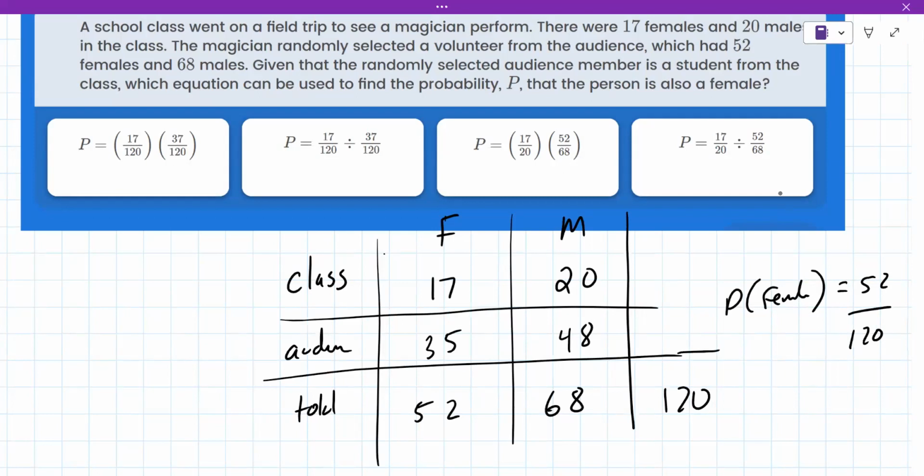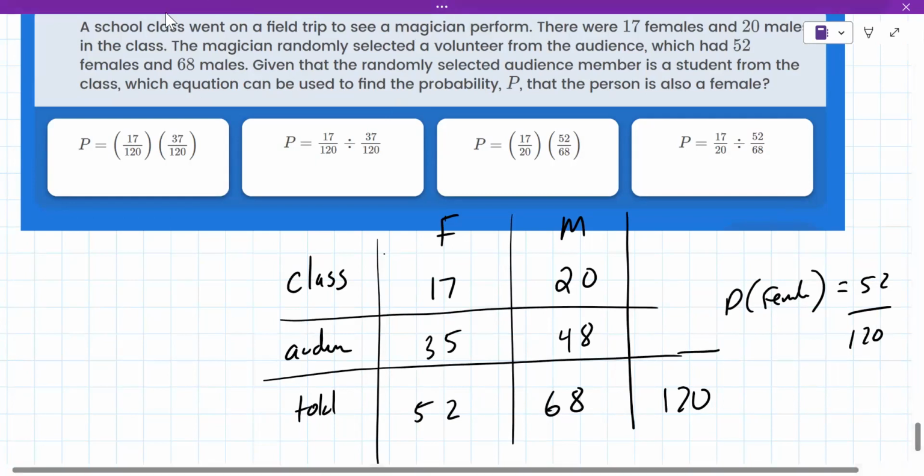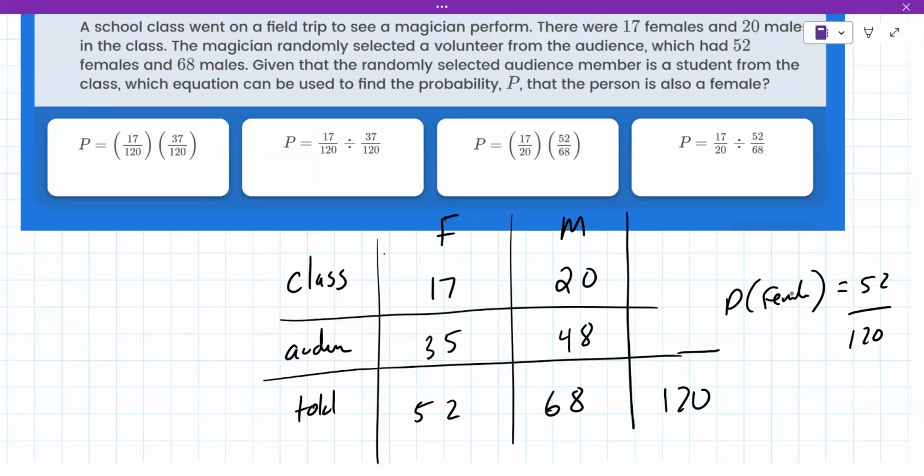Does that appear anywhere in your answers here? Yeah, it appears. You mean the 120, right? Well, I'm just trying to say the probability that the person's a female is 52 out of 120, but the probability that it's a female from your class is 17 out of 37.